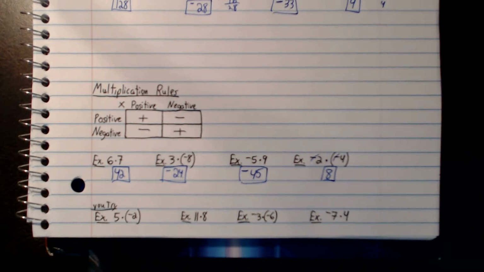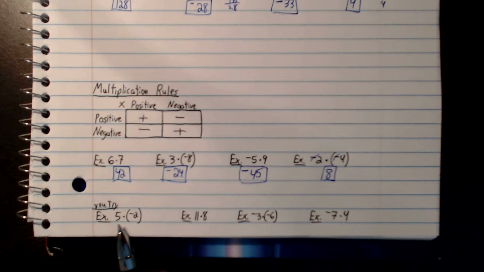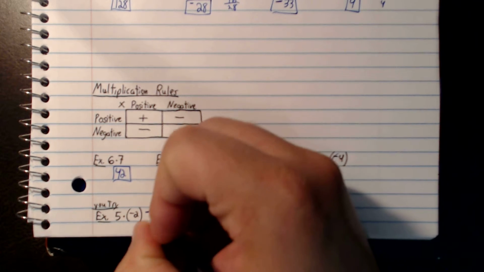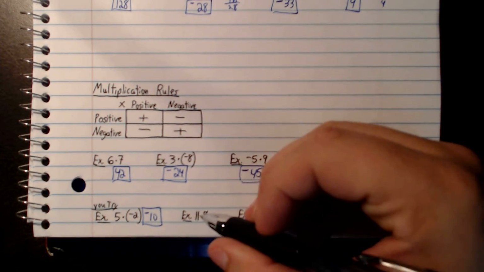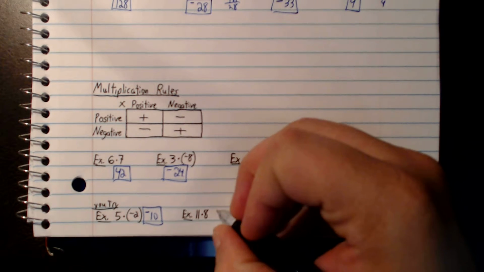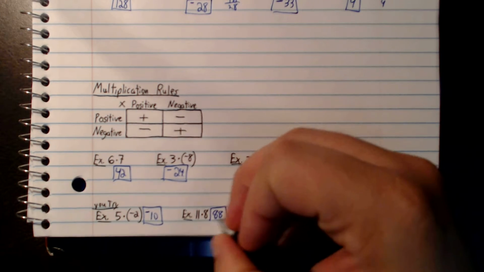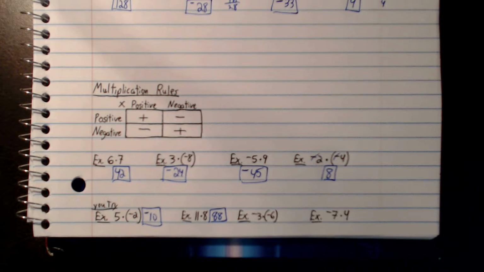Okay, so you have 4 here to try. Try without a calculator. That's my suggestion. Pause the video and resume when you're ready to check. Right. 5 times negative 2, positive times negative is negative. 5 times 2 gives us 10, negative 10. 11 times 8, those are both positive, so that should give us positive 88.